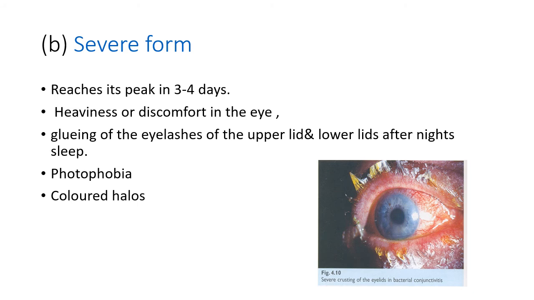The colored halos are seen because of the prismatic effect, because this mucus acts as a prism. When the light passes through this discharge, you get colored halos. So the homework is to find the other two conditions where you get colored halos.